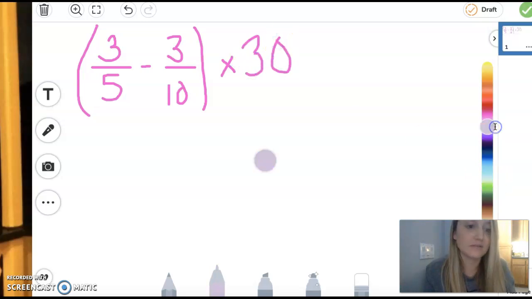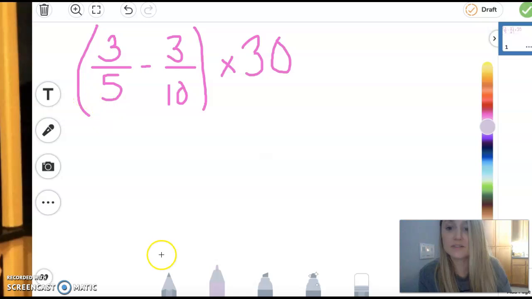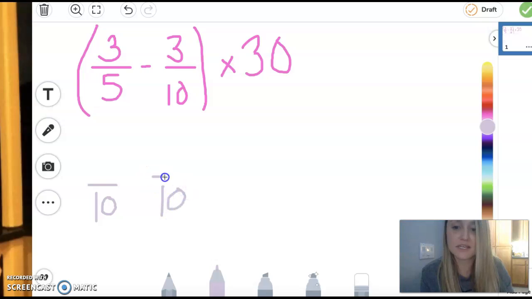So here you had to first find a common denominator. So the easiest common denominator, if you do the least common multiple, would be 10. I'm going to skip that step just because I want to make sure I have enough time to go over everything today. Okay, so we're going to times 2 here, times 2.